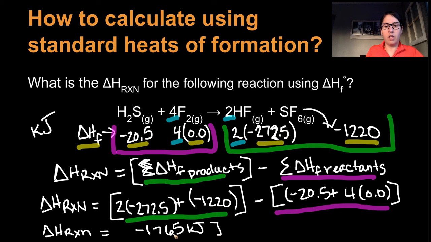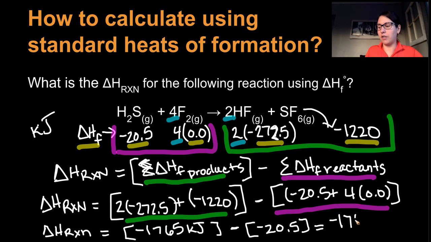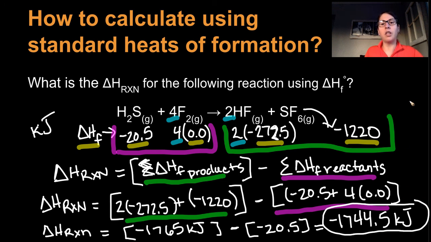Okay. Put those in brackets, and I'm going to subtract from that the negative 20.5 that I get when I add these two together. So negative 20.5. And when I get that, I end up with a negative 1,744.5 kilojoules. And that is the enthalpy value for this reaction using standard heats of formation. So I hope that was helpful, and we will try some practice problems when we get back to class.